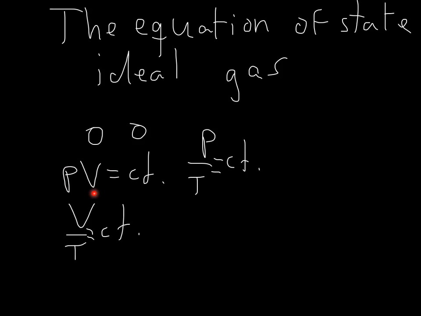I have PV equals constant, but of course, if I make the temperature higher, either this is going to increase or this is going to increase, which means that the product is going to increase, right? So what I really have is PV is proportional, and this little symbol means proportional, to the temperature. And now our task is to figure out the constant of proportionality. Actually, there are two in here, so we need to figure out two numbers. Okay, so let's do that.